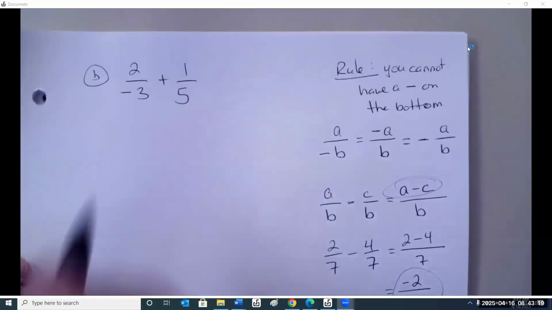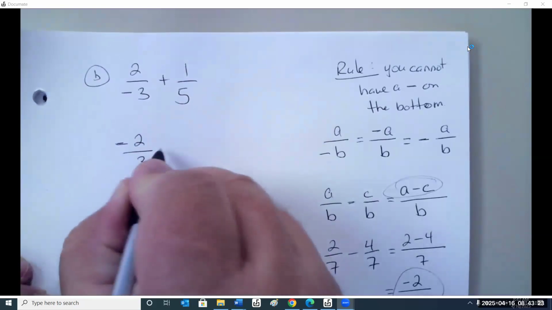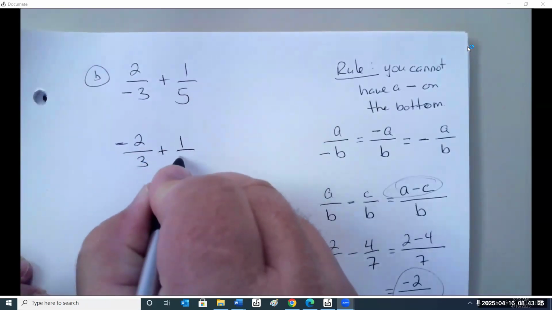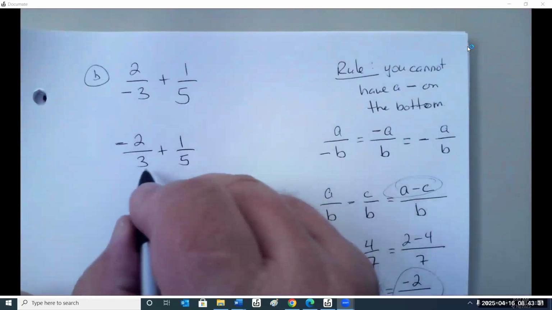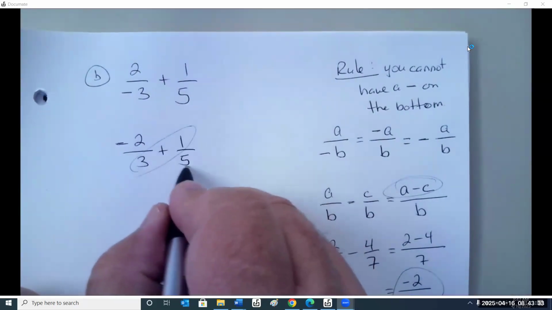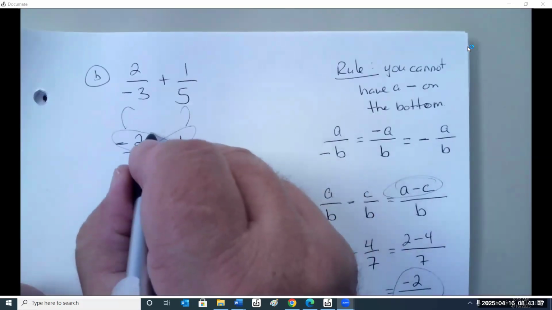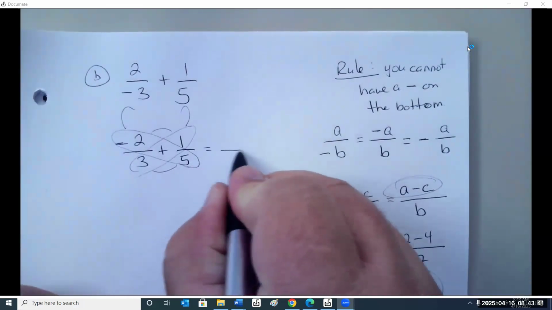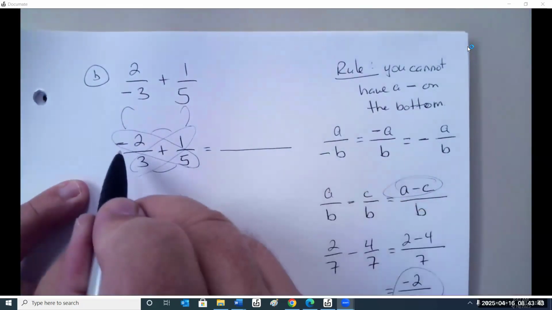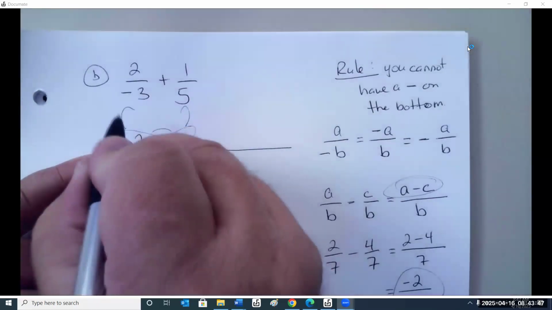So our first step is to rewrite this equation. Move the negative on top. Now we could do the butterfly. So we have negative times positive is what?